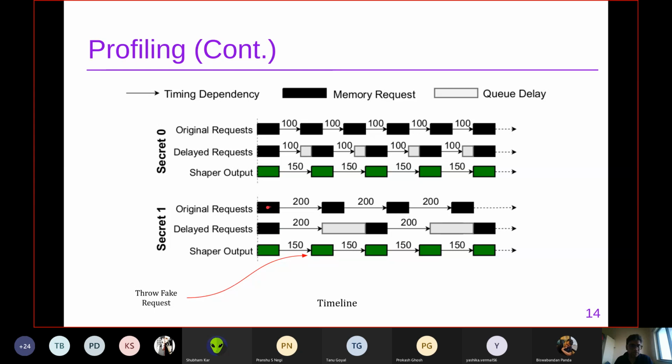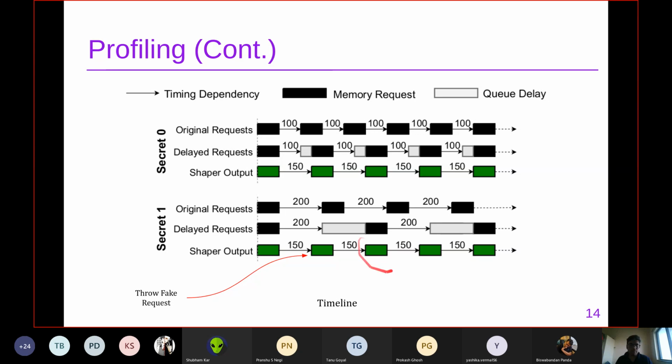Initially, again, the first request matches the shaper's output, so we will just emit the victim's original request. However, after 150 time units, the shaper will output another request. But seeing that no other victim request is actually pending or queued, we'll throw in a fake request. This fake request could be on a random row. And then again, we'll continue the same process.